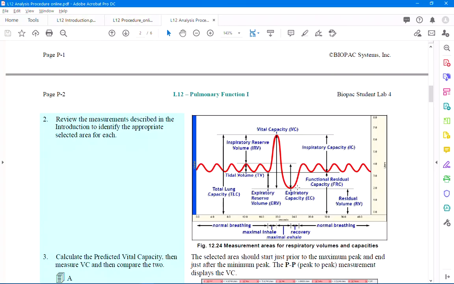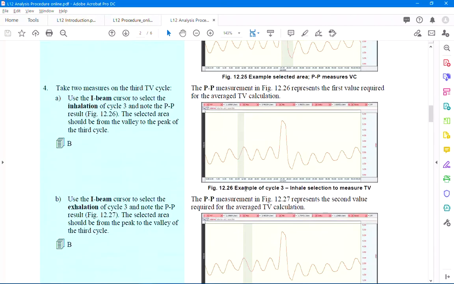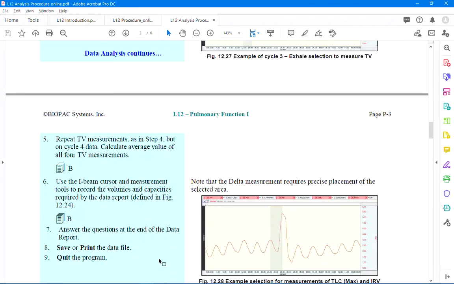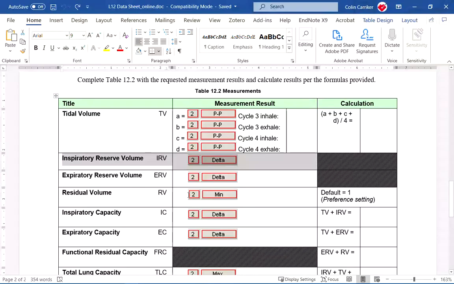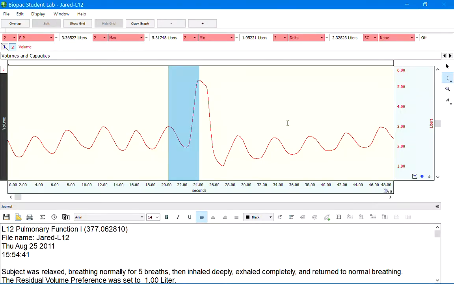One of the things that you could do is when you have your minimum value highlighted, you'll notice that on the data sheet, you're asked to provide 2 minimum. So it's asking you what your 2 minimum is. So when we went to do our expiratory reserve volume, we said, okay, it's from the point of a normal exhale to this minimum value.